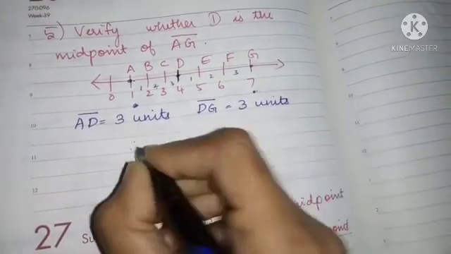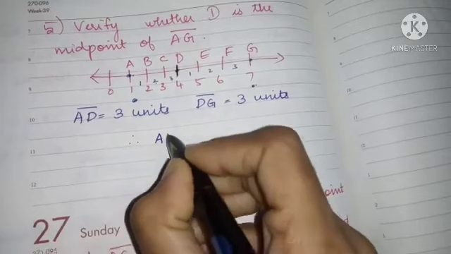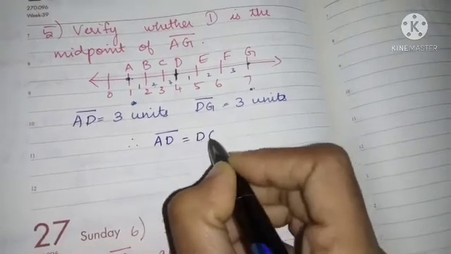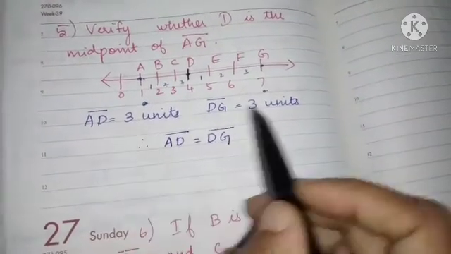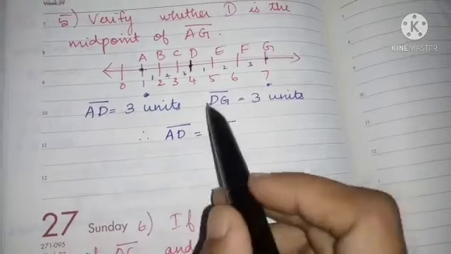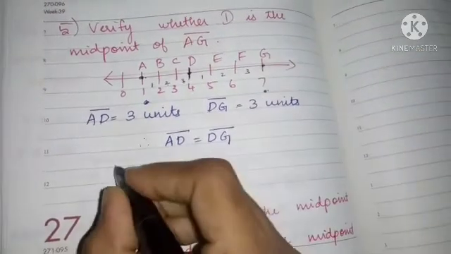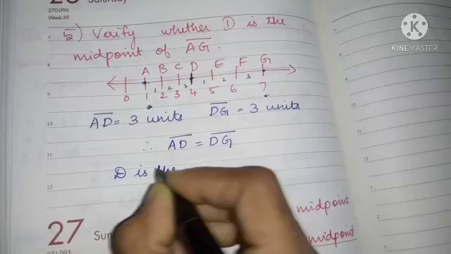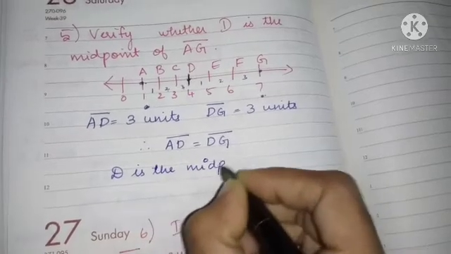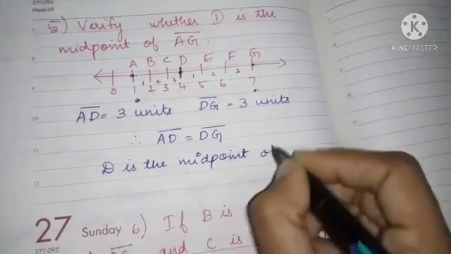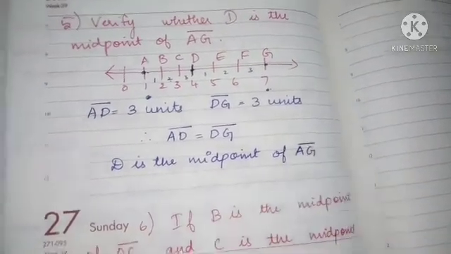So therefore, we can say that AD is equal to DG. Both have 3 units. So if these two are equal, we can say that D is the midpoint of AG.